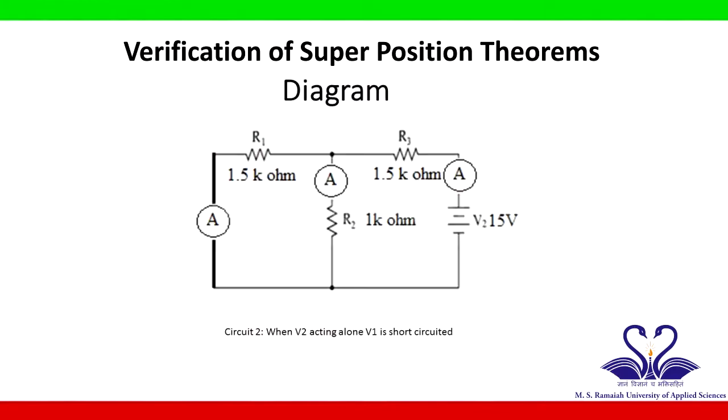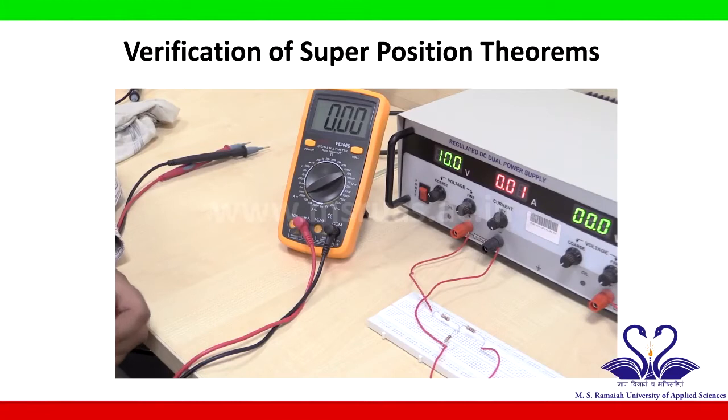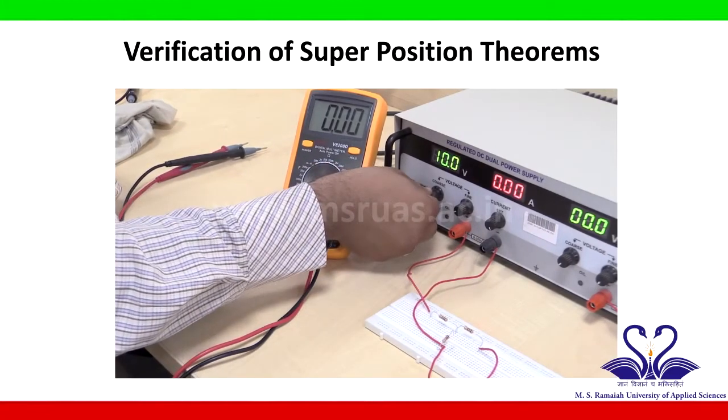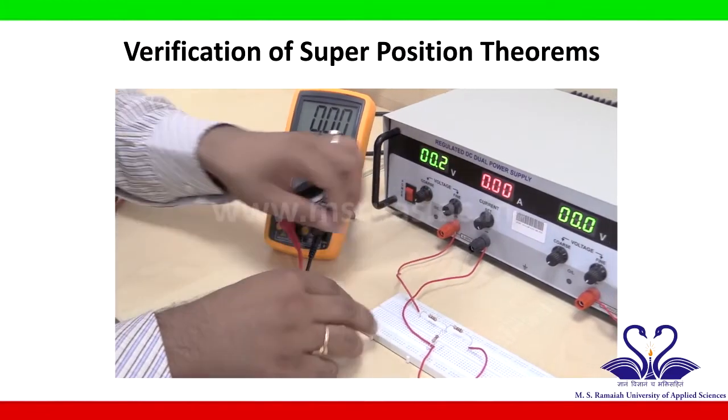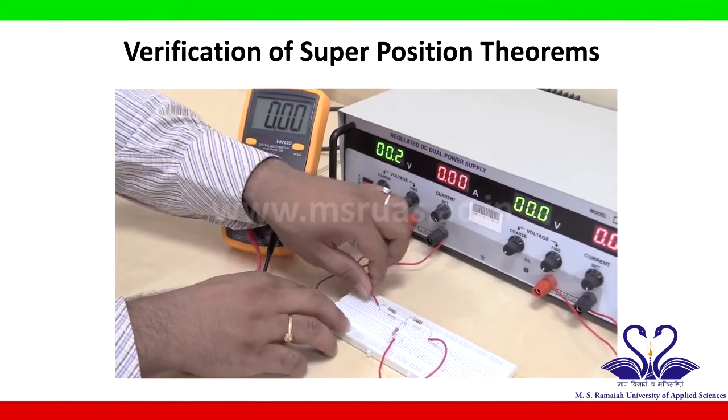Now let us start building the circuit for the third part of the experiment as per the circuit diagram, according to which we will turn off the 10 volt power supply and short the terminals.